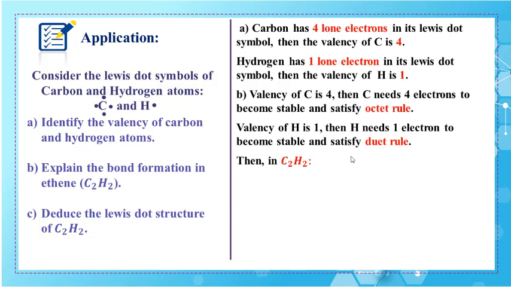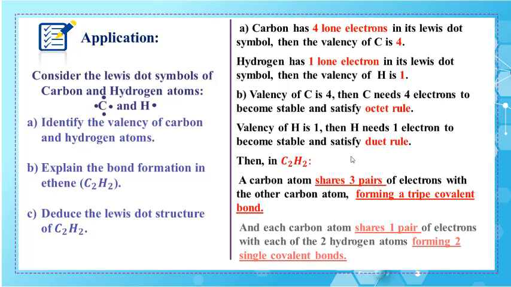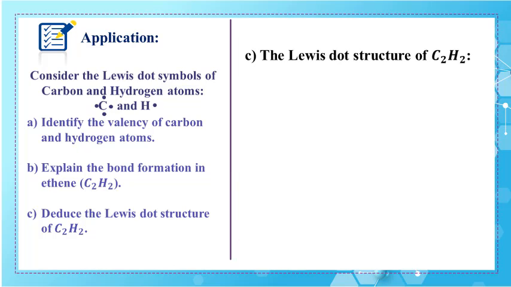Then, in C2H2, a carbon will share 3 pairs of electrons with the other carbon atom, forming a triple covalent bond, and each carbon atom will share 1 pair of electrons with each of the 2 hydrogen atoms, forming 2 single covalent bonds. And here is how to write the Lewis dot structure of C2H2.